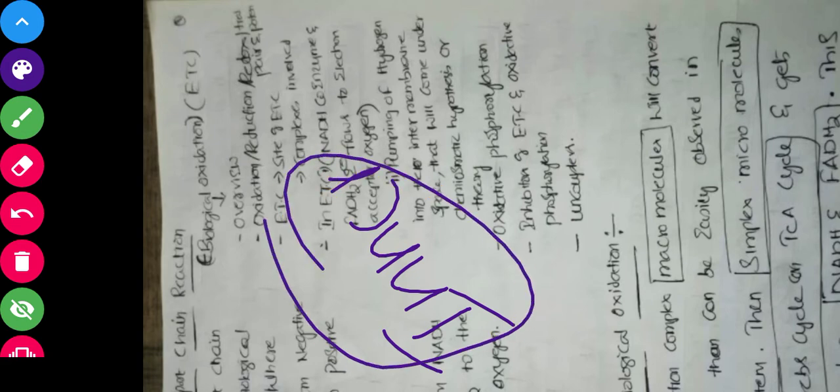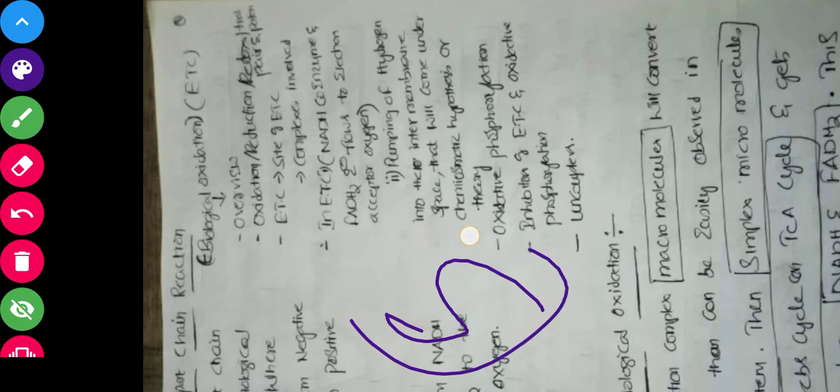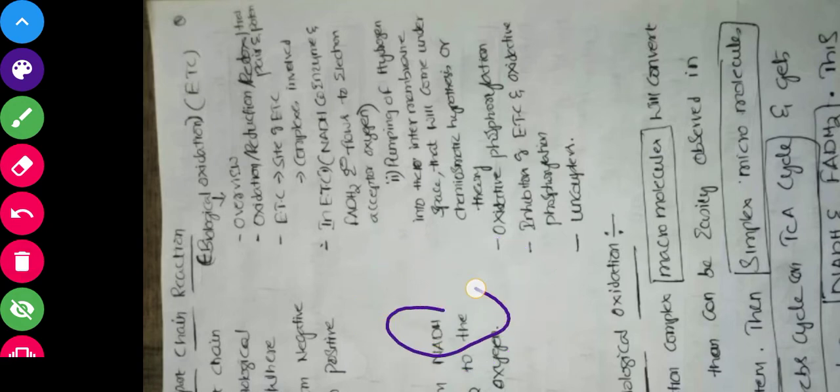In mitochondria there are two membranes, the outer mitochondrial membrane and the inner mitochondrial membrane. This electron transport chain reaction takes place in the inner mitochondrial membrane. There are 5 complexes situated there. In each complex the electrons will flow.